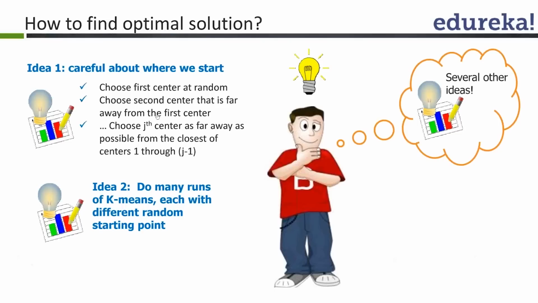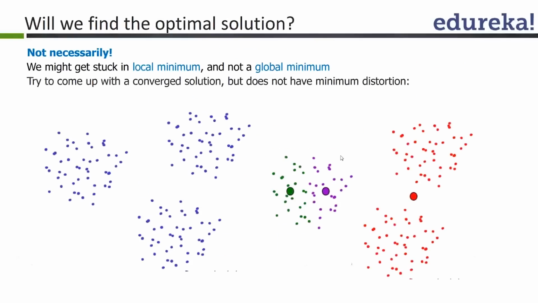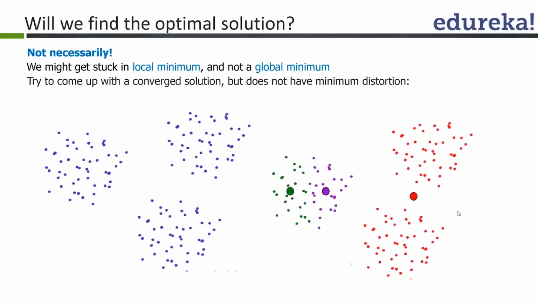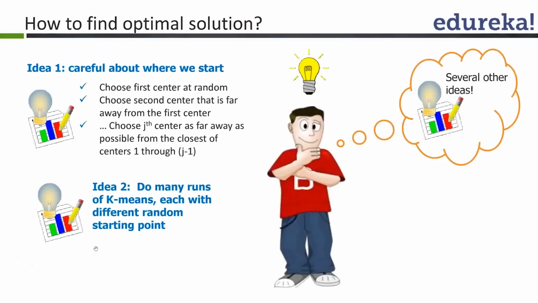So basically I'm spacing out my k centers as far as possible, so that I won't start with a solution like this. By spacing out as far as possible, I'm giving enough room for the algorithm to discover the better solution.